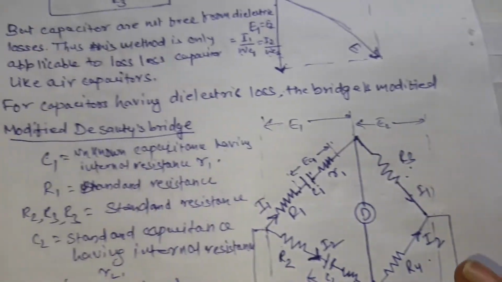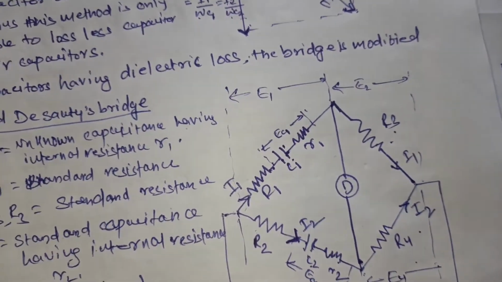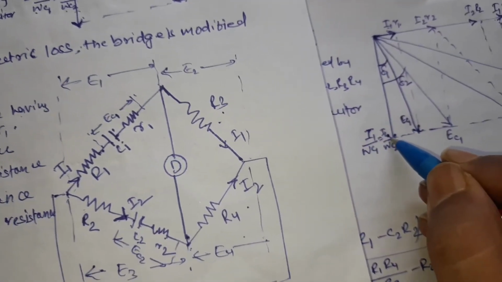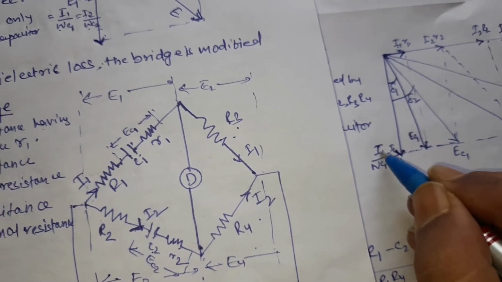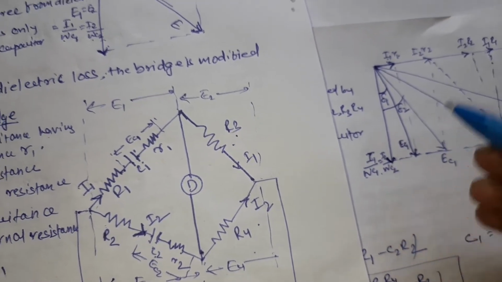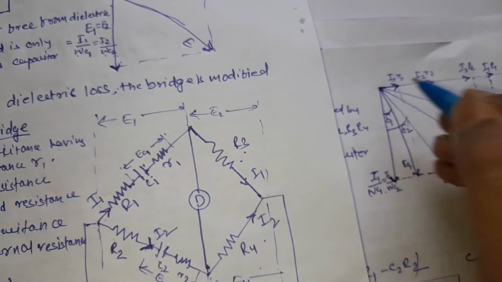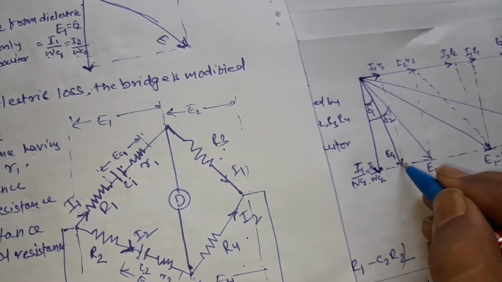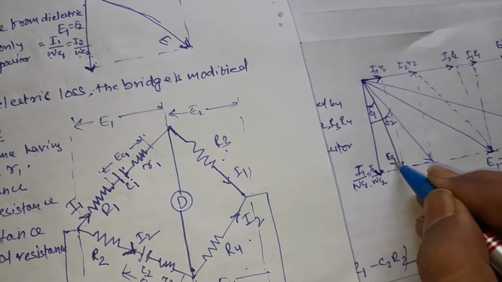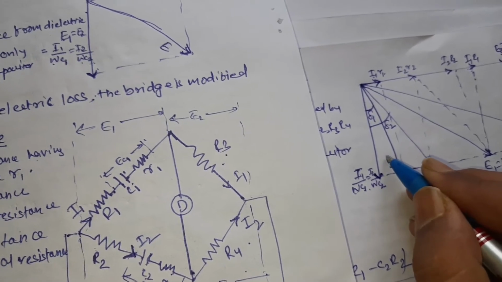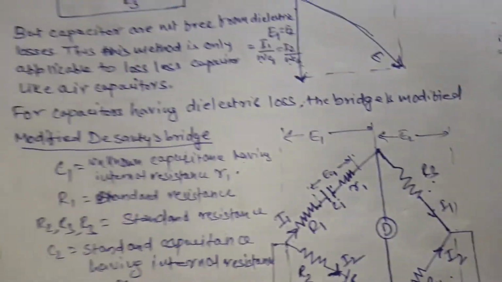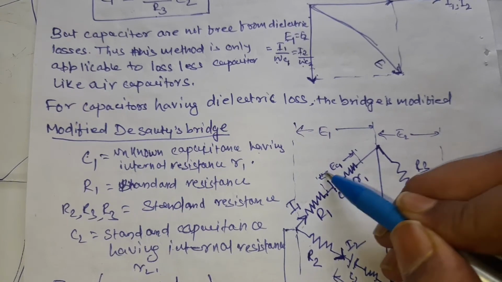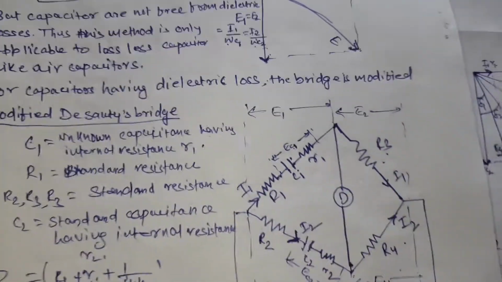The voltage drop across the capacitor is I1 by j omega C1, which lags by 90 degrees, and the phasor sum of I1 into R1 and I1 by omega C1 is the voltage drop across capacitor C1, indicated by EC1.